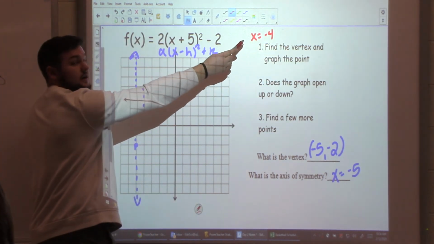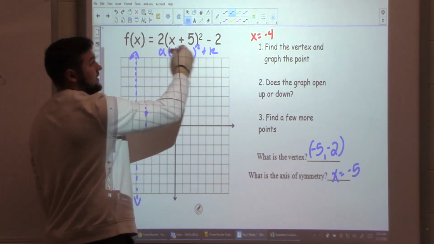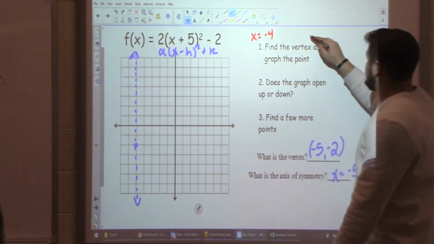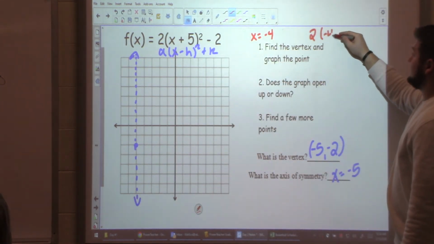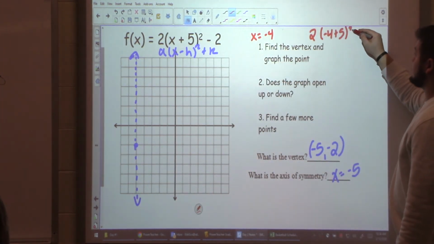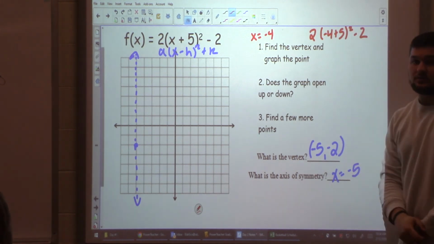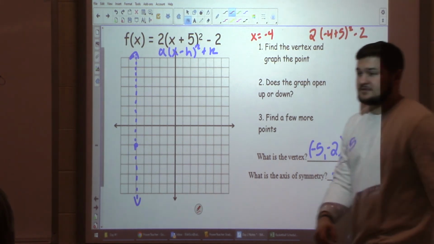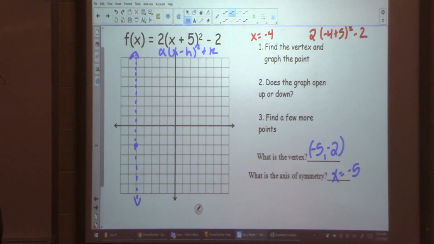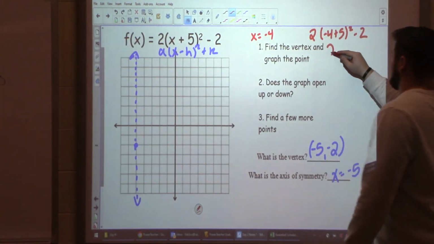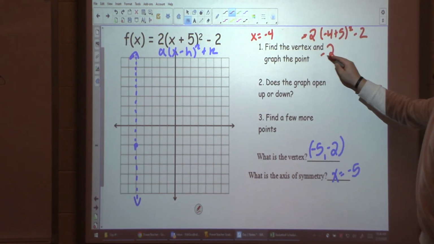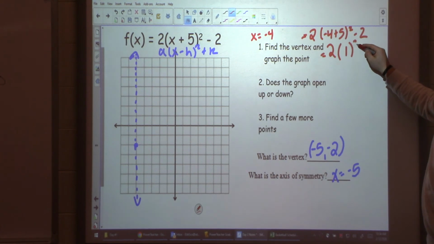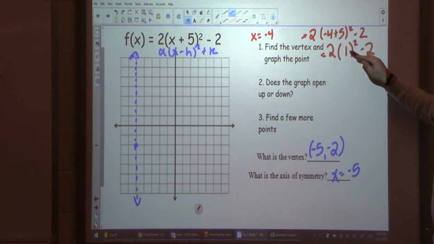Take negative 4. Plug it into this equation. 2 times negative 4 plus 5 squared minus 2. Take them step by step. What is negative 4 plus 5? 1. So 2 times 1 squared minus 2. Next thing, the exponent.